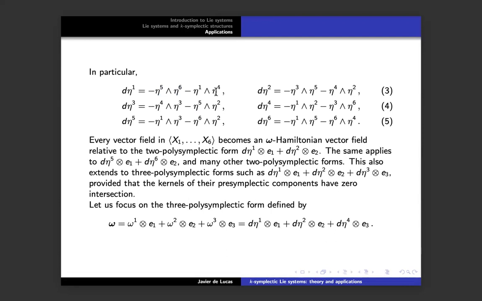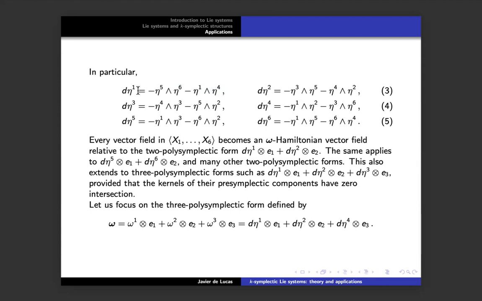This is very nice, because remember that to construct a k-symplectic structure, we need differential two-forms that are closed, and the intersection of their kernels must be equal to 0. So if you pick this one and this second one, you will immediately see that the kernel of this one, since this is eta 1, eta 4, eta 5, eta 6, will be Y2 and Y3, because they are dual to these.